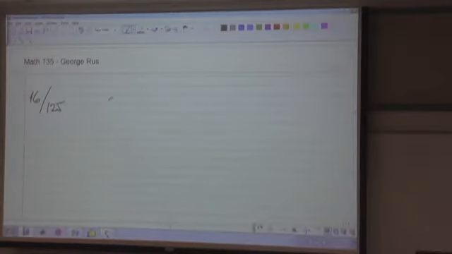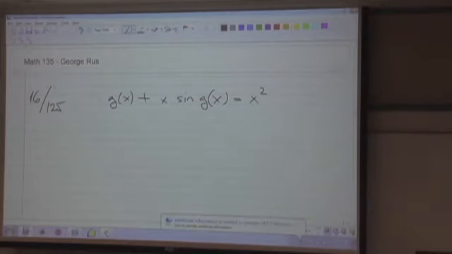We have g of x plus x times sine of g of x is equal to x squared. So to some extent, this is very much similar to what we did before, in the sense that you can denote g of x with y, and basically it's implicit differentiation in terms of y.